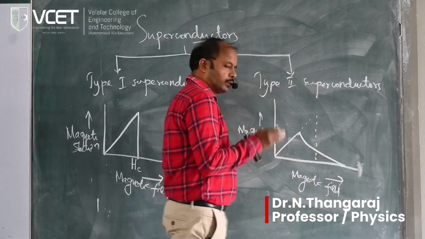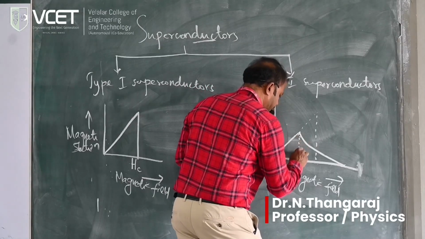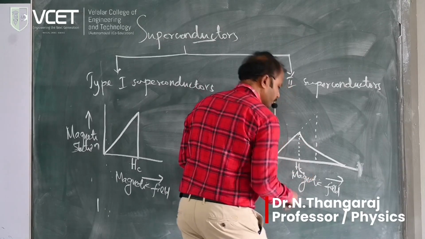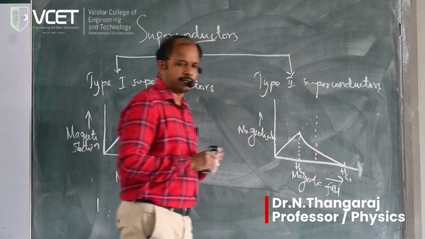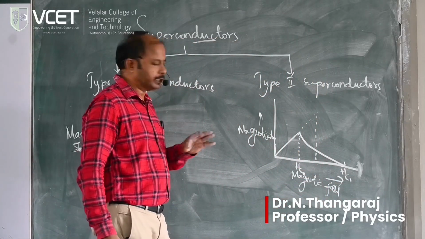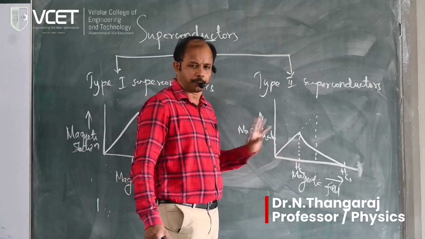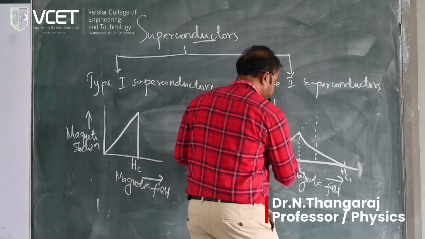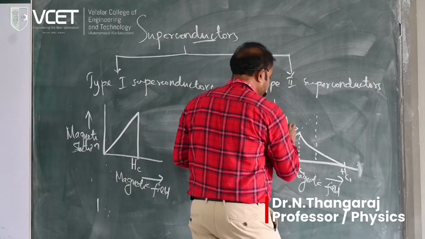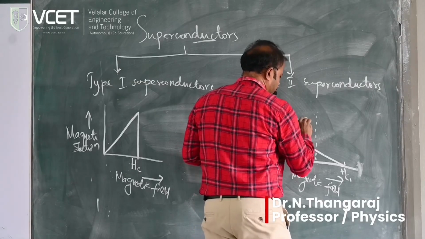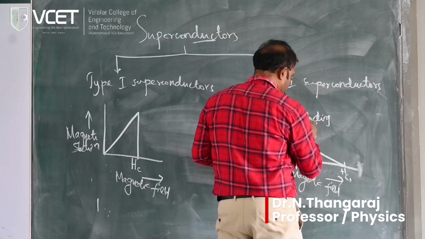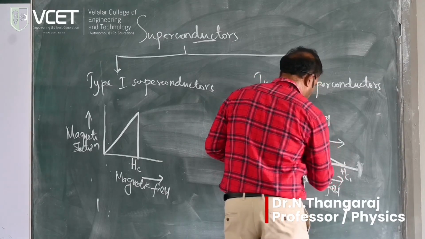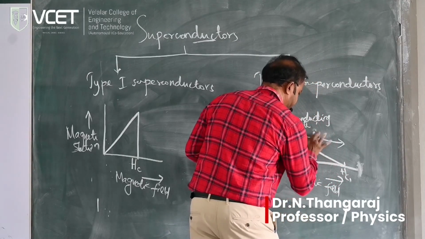Here there are 2 critical fields. The first one is Hc1. The other one is Hc2. What is the critical magnetic field? The minimum field required to destroy the superconducting property. Up to this, it behaves as a superconducting state. Then one more state is here, that is the mixed state.